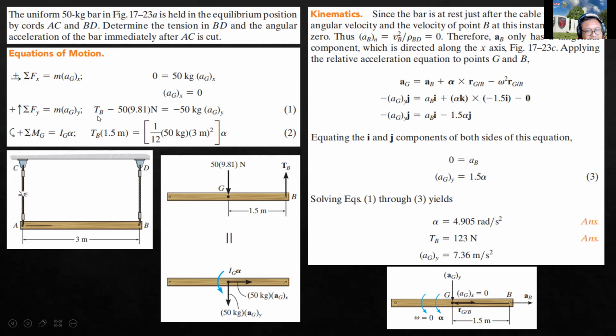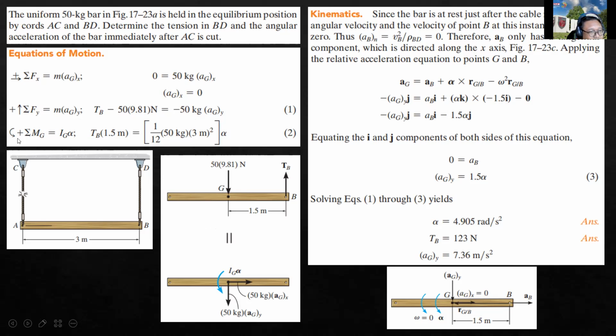To solve this, first we have TB. TB is pointing upward, so it is positive, and it is 50 times 9.81, which is nothing but your weight, W. All of those equal minus 50 times AGY. It is minus because the direction of this acceleration is downwards. That is why it is a negative sign.